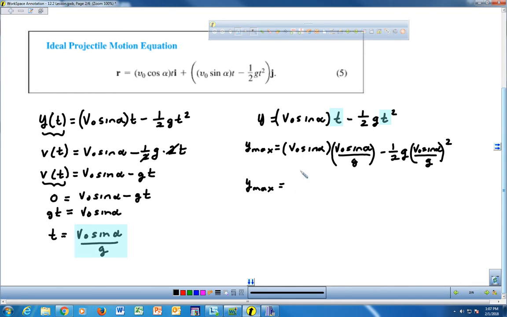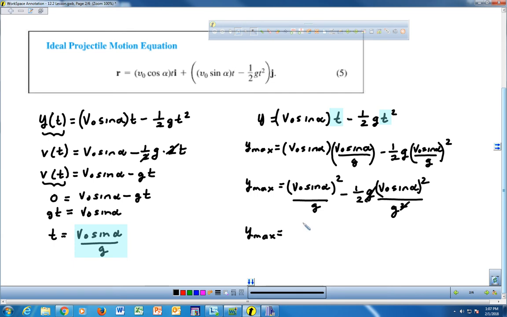So this is going to be v sub 0 times sine of alpha times v sub 0 times sine of alpha, which is v sub 0 sine of alpha squared divided by the gravity, minus, now right here, if I square that, it's going to be v sub 0 sine of alpha squared divided by the gravity squared.